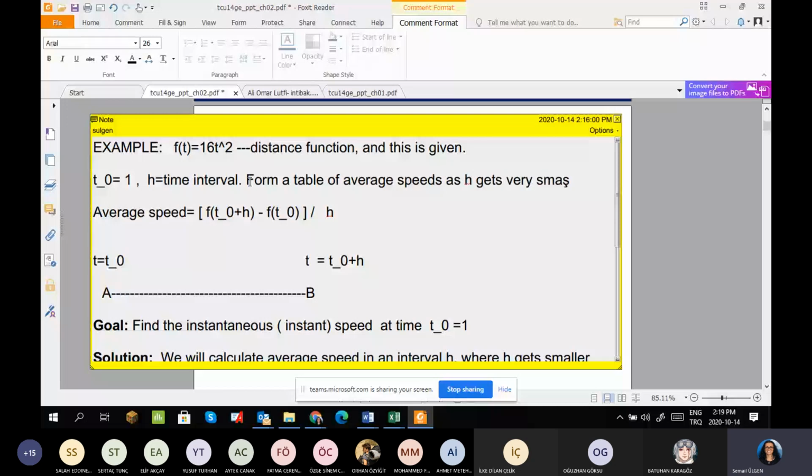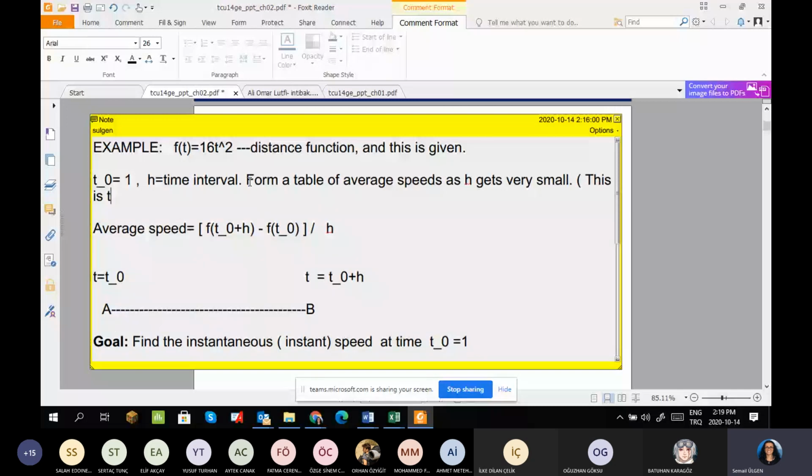This is the same as getting numbers close to the instantaneous velocity, instantaneous speed, at time t equal to t naught.